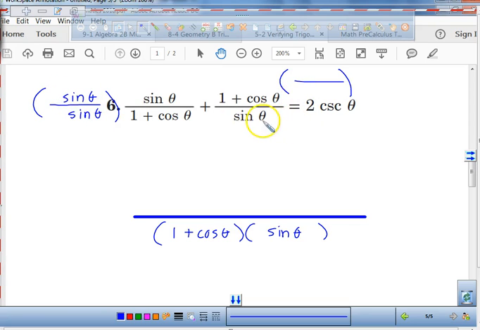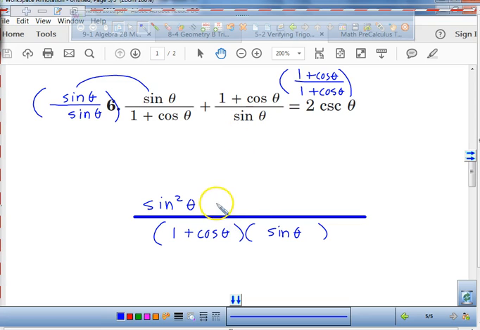What am I going to have to multiply the sine of theta by? So here's what you're left with. You multiply these together, and you have a sine squared of theta. I like it. The sine squared of theta, all we need is what? 1 more cosine squared of theta, and we can make it equal to a 1, right?